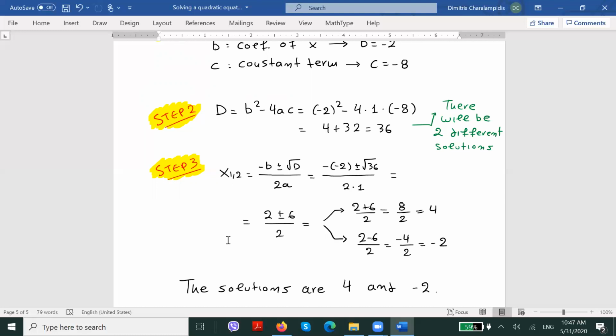Hence, the solutions are numbers 4 and negative 2.